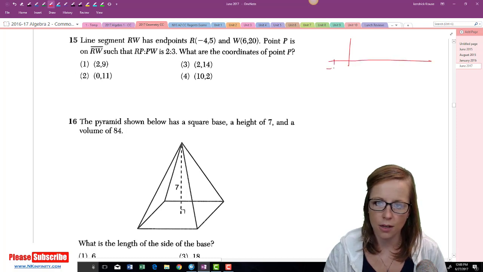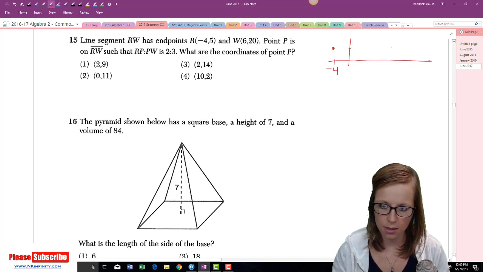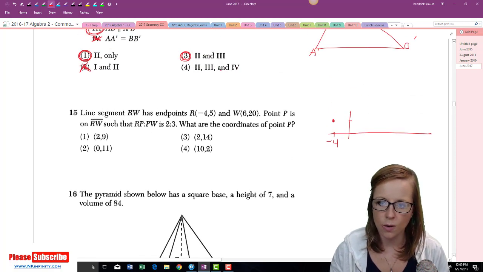Okay, we're going to call this -4, and we're going to call this 5. And then, oh, I did that wrong. Whoopsie. And then 6, 20.